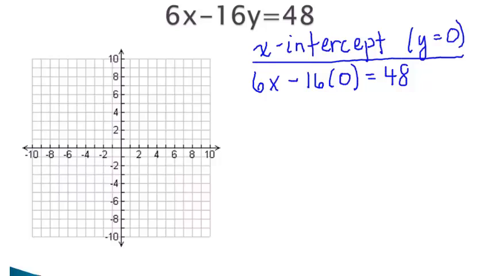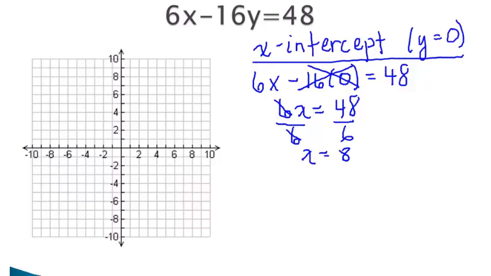Now 16 times 0 is 0. So we're left really with just 6x equals 48. And to solve for x, since we have 6 times x, we divide both sides by 6, and we get x equals 8.